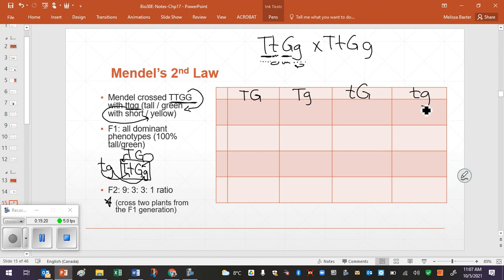So notice, each gamete had one allele for each gene. Not two alleles for the same gene, one allele for each gene. Always one allele for each gene. The only thing that's different here is that I have two genes that I'm considering instead of one. So I have multiple combinations that are possible.